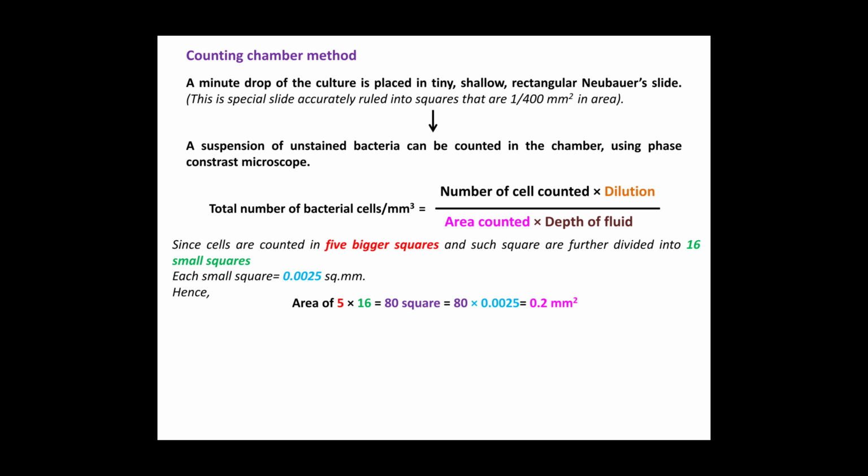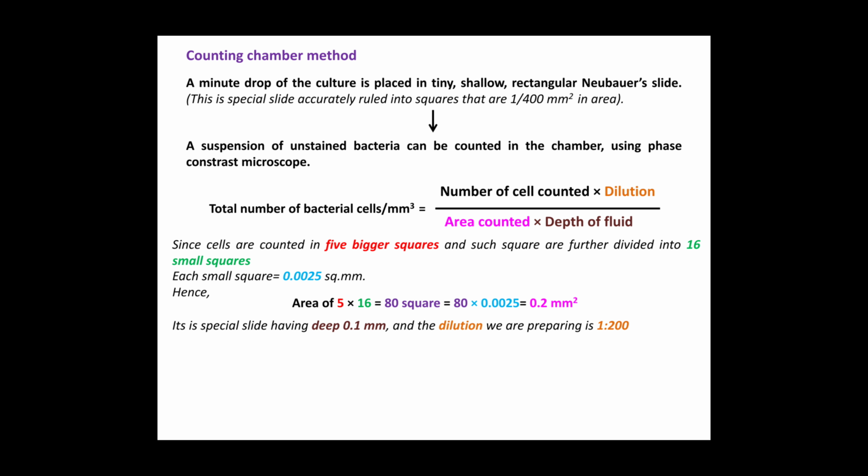Friends, these are only the mathematical calculations. You have to remember them. Then, it is a special slide having a depth of 0.1 millimeter and the dilution we are preparing is 1:200. Dilution means the dilution of the bacterial suspension we are preparing.